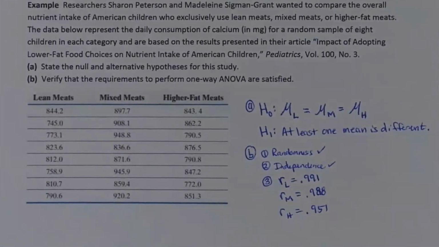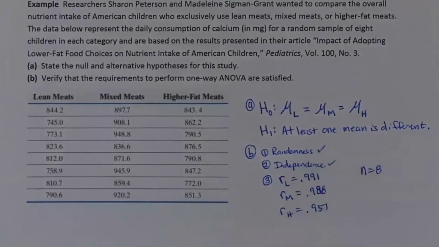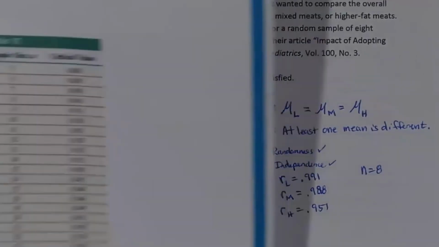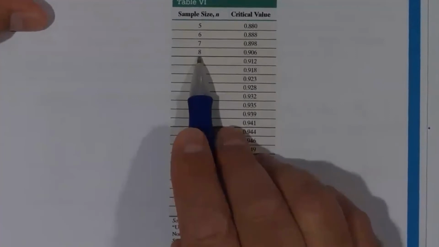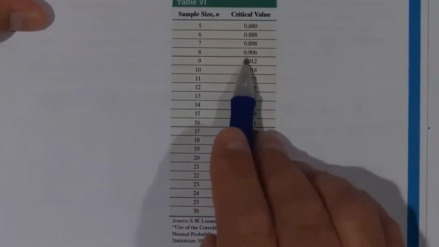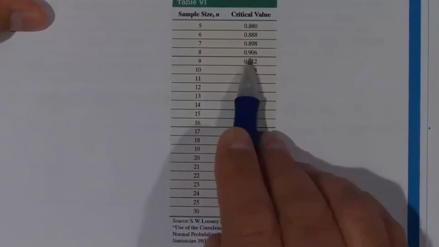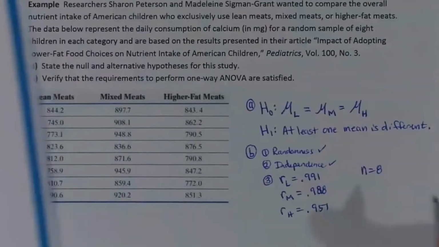In all three cases, we have sample sizes of 8. So for each case, our sample size is 8. And so I'm going to bring in table 6 from the appendix of our book. And if we have a sample size of 8, the critical value for the correlation statistic to show that we have a normal distribution is 0.906.